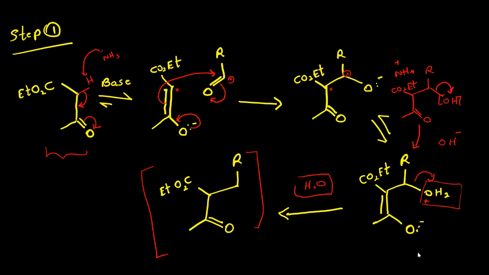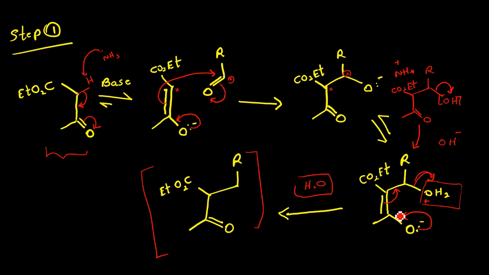In the next step, this one comes here and this one goes here. So this particular carbon becomes destabilized. Due to this destabilization, this bond will be broken. Since we have a water molecule here, it's a very good leaving group.